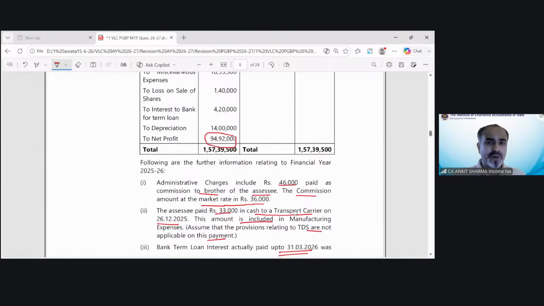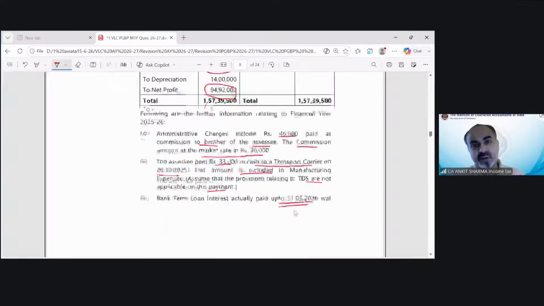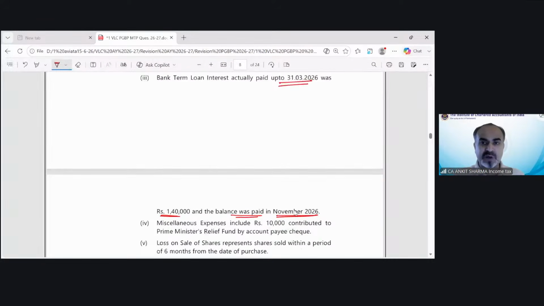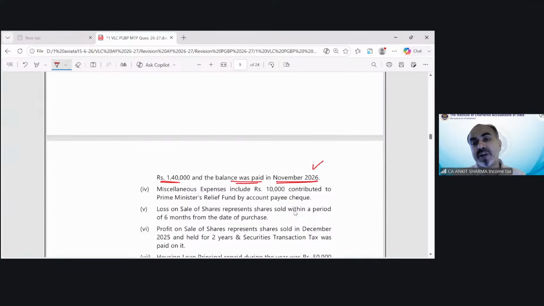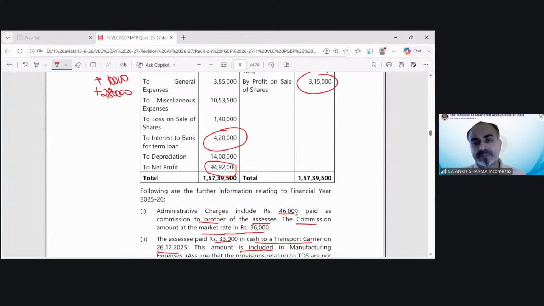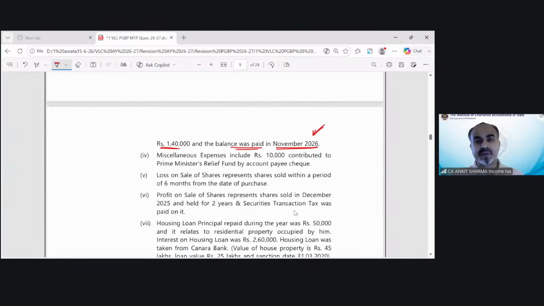The interest on loan given in the question is 4,20,000, and out of this 420, 140 has been paid up to 31st March. And the balance was paid in November 26, that means after due date of ROI. So in this situation, the disallowed amount would be the balance amount, which is 2,80,000 rupees. Clear? Next, suppose if it is July in place of November, then the full amount would have been allowed and we do not need to do anything with this point.